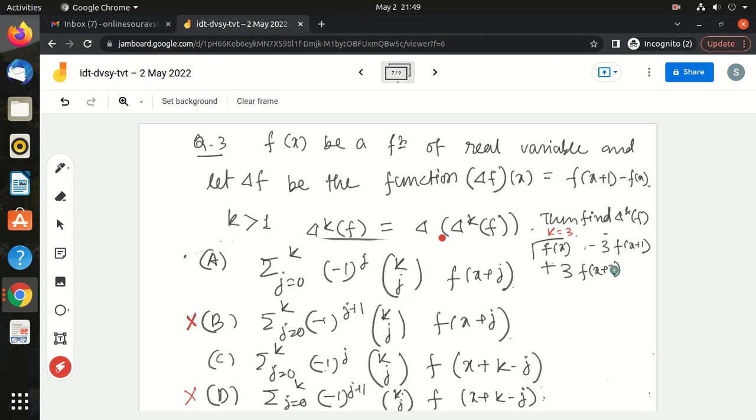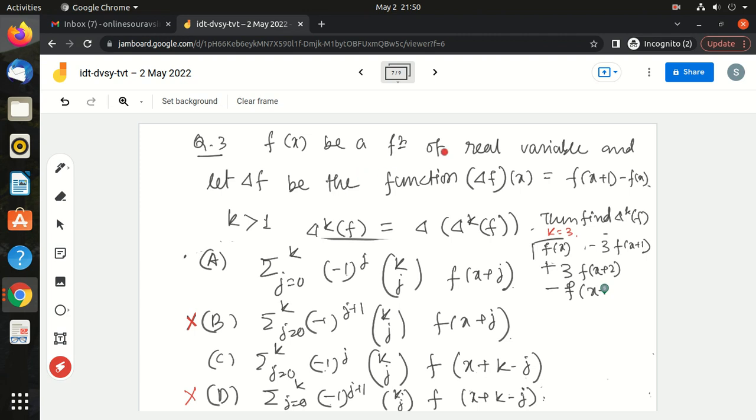And then if you put j equal to 3, what do you get? It is minus, 3 choose 3 is 1, and minus f of x plus 3.